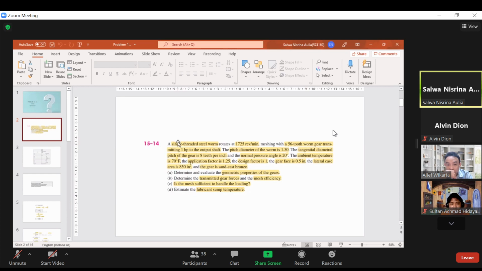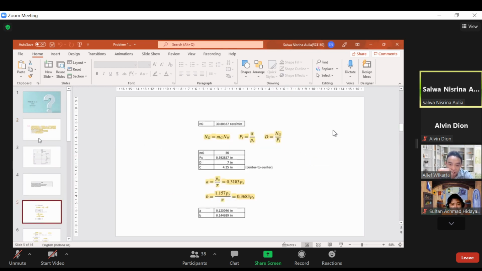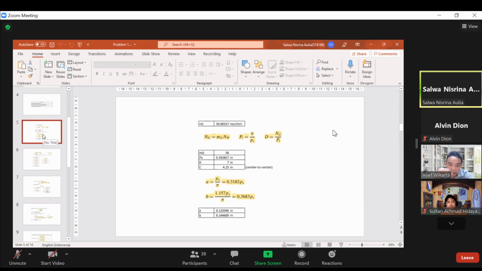This is a single thread steel worm, so N is 1, and this is 56 in the gear, so the N of gear is 56. So the ratio is 56, yes. Ratio is 56, and then the rotation velocity also the ratio 56.